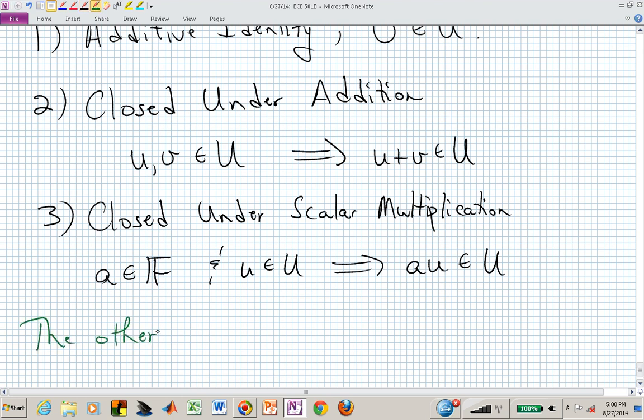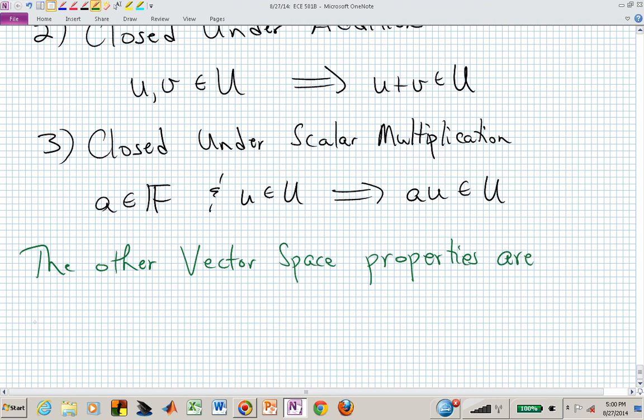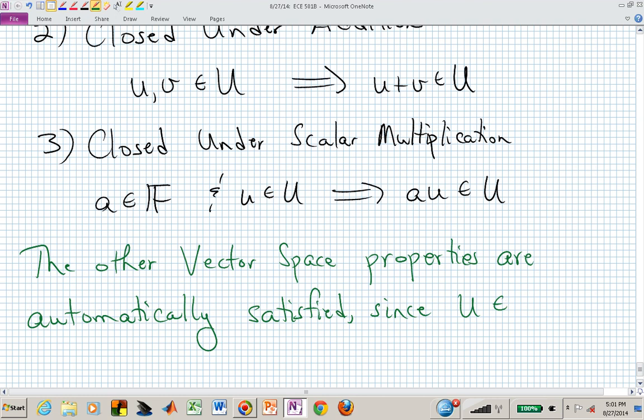All of the other properties of a vector space are inherited by U being a subset of V. The other vector space properties are automatically satisfied since U is, whoops, not an element, but a subset of V. That's what that open symbol means.